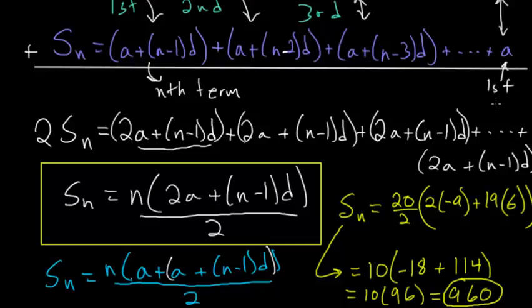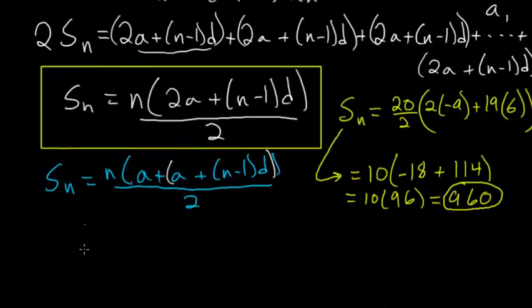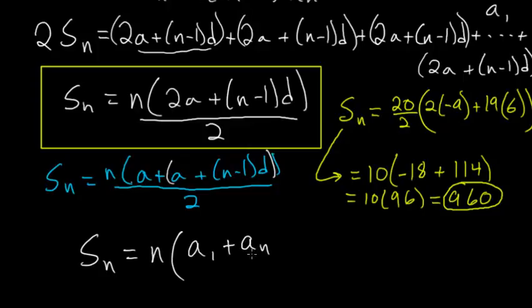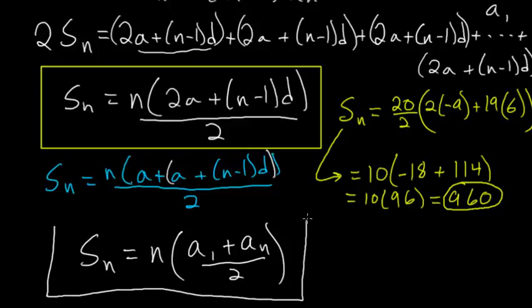And if I call the first term a sub 1, and I call the nth term a sub n, then we can rewrite the formula as just S sub n is n times the first term plus the last term, all divided by 2. And you can think about this expression in parentheses as just the average of the first and the last numbers, and then multiplied by the number of terms you have. So when taking the test, this might be easier to remember, and then you'll just have to think about how to find this nth term.